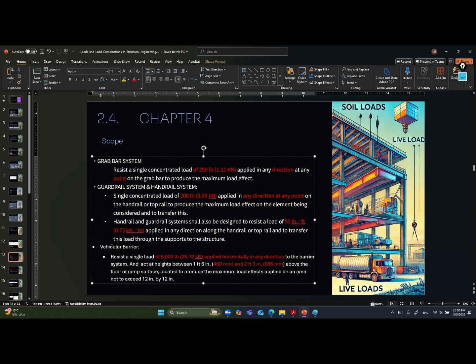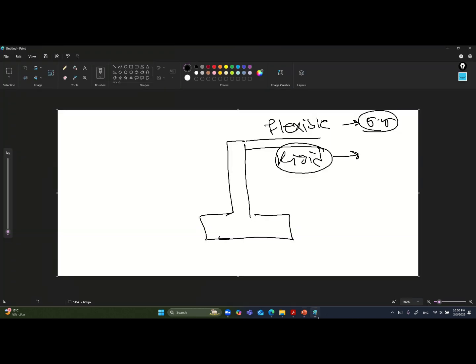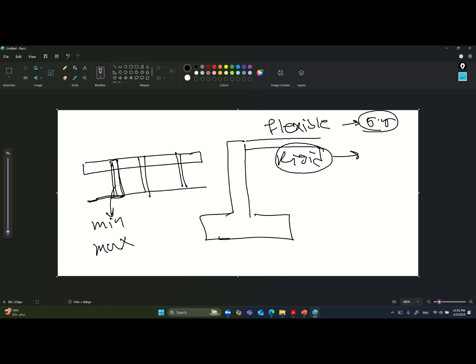Also, it mentions the minimum value for a vehicular barrier. Another example: if you have a guardrail, and these are the posts, and this one is the guardrail, and he asks what is the maximum force that you need to design this post, and what is the minimum force.